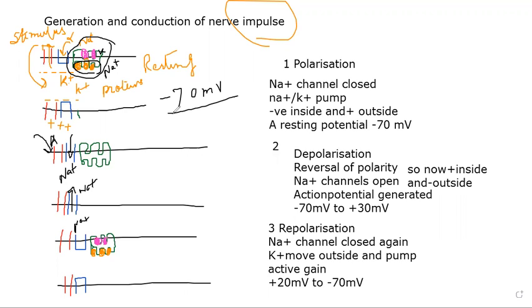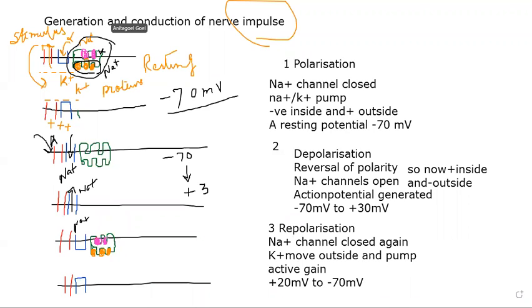Earlier it was minus 70. So from minus 70, this will come to minus 60, then minus 50, and so on. And this will move up to plus 30 millivolt.